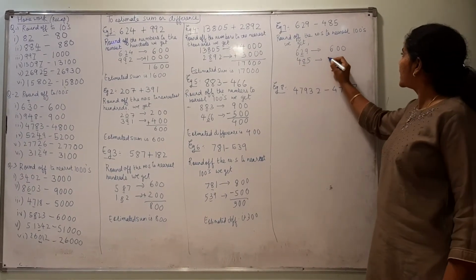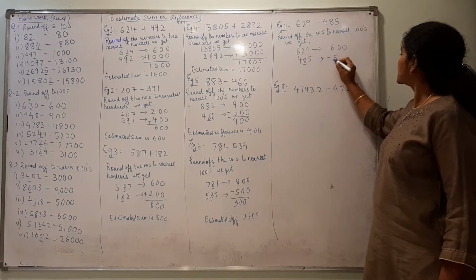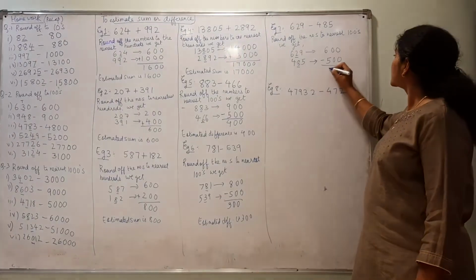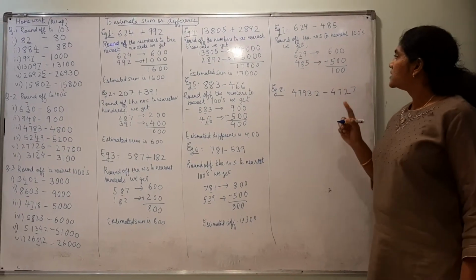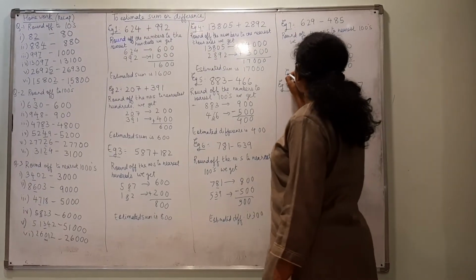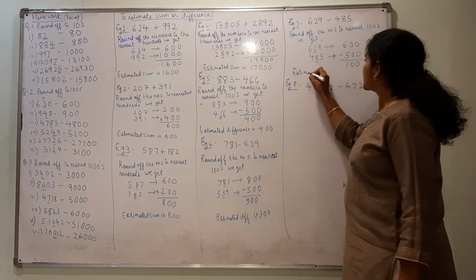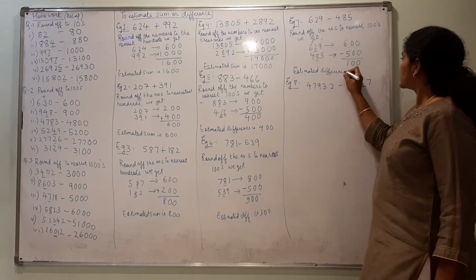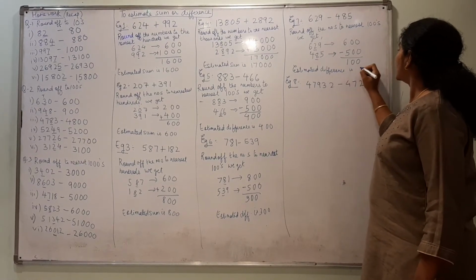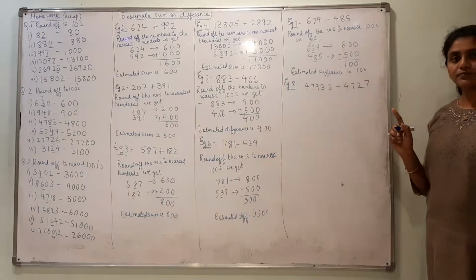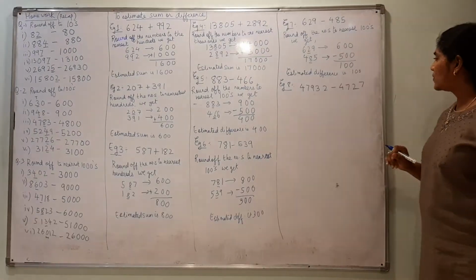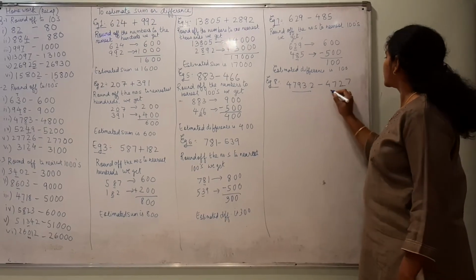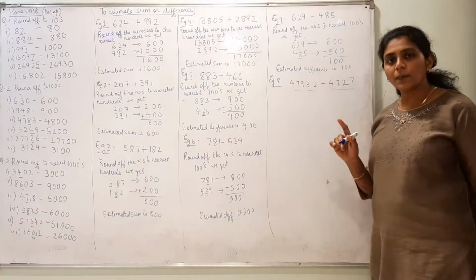I will add 1 to it, minus 500. So 600 minus 500, that is 100. So again write the final statement. Estimated difference is 100.